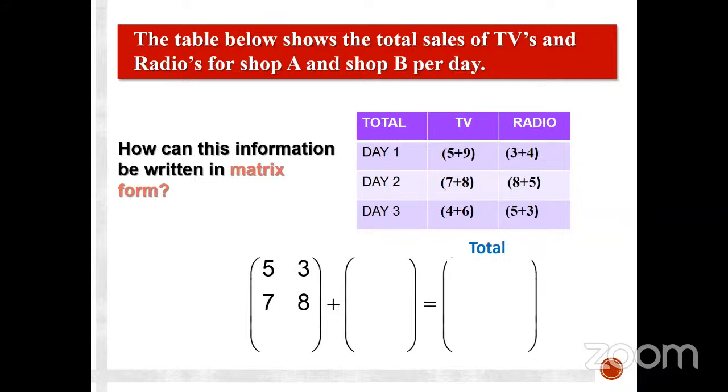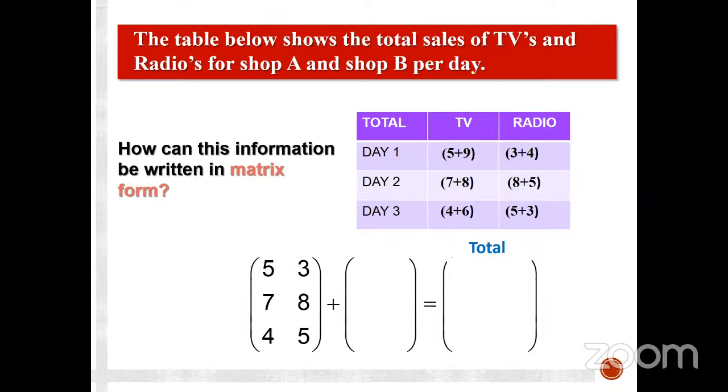For TV for day 3 is? Jaden says 4. Very good. And for radio for shop A, day 3? Gabby says 4 and 5. Diana says 5. Very good. So we have the information for shop A in our matrix.